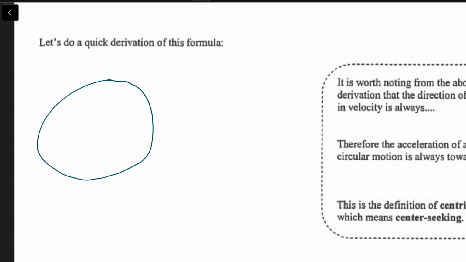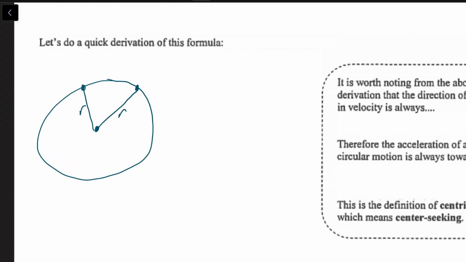Okay, don't judge my circles. And so here, the center of the circle, right, if we have a rock at 2 points, the rock in both points is radius away from the center of the circle.